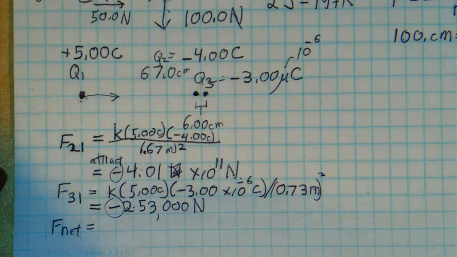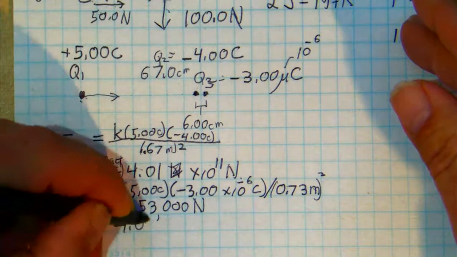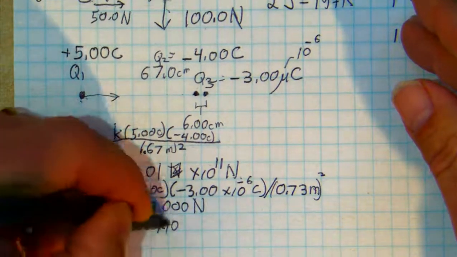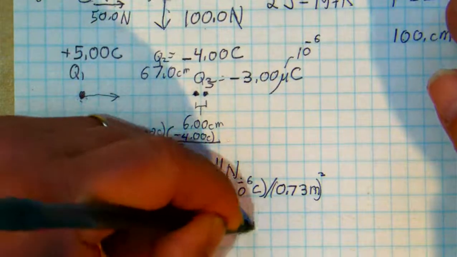And it doesn't change it. That was still 4.0053. So no change. It's still 4.01 times 10 to the 11th power newtons to the right.